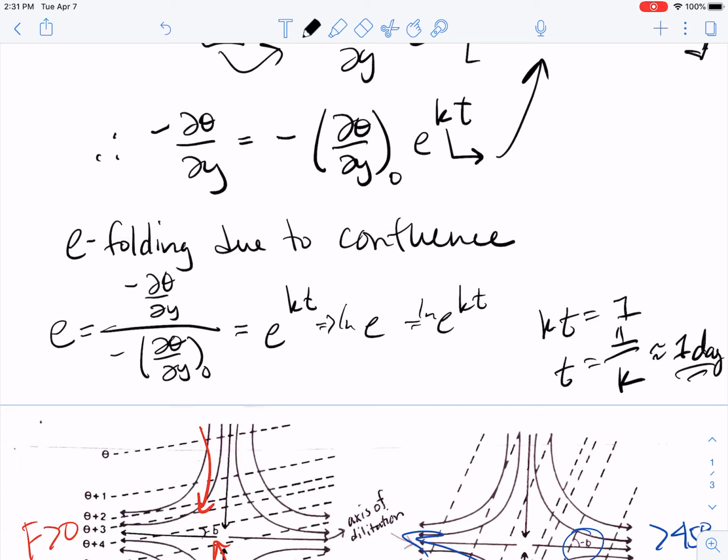Kinematics cannot in and of itself explain the strengthening of our temperature gradients, because our temperature gradients can double on the order of hours, not on the order of days. And so we have to look to other aspects to determine how can we actually get a front in a reasonable amount of time. Kinematics will not be enough.